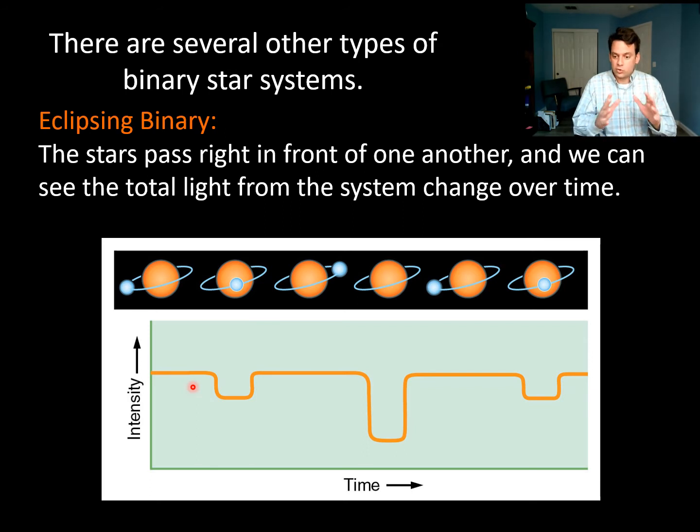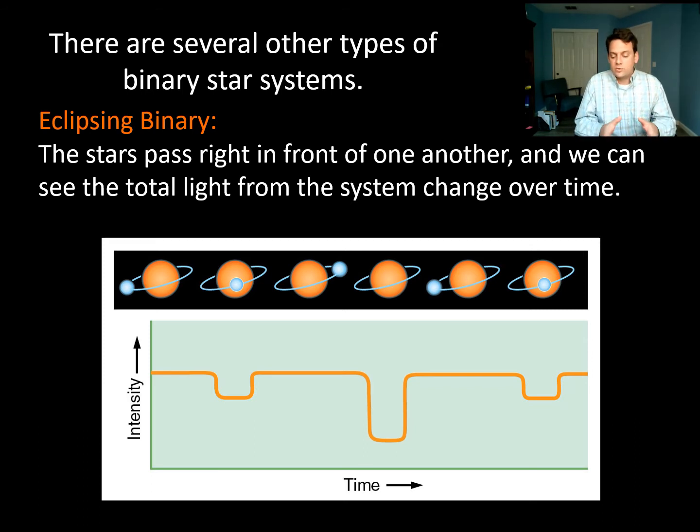Even with our best telescopes, we look at them and see one point of light, so we can't tell that there are multiple stars there. However, when we follow the intensity over time, we see variations that look like this. So even though we can't visually tell that there are two stars, we can infer there must be two stars because of the variation in the intensity.